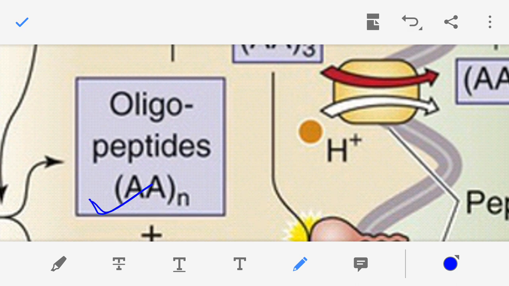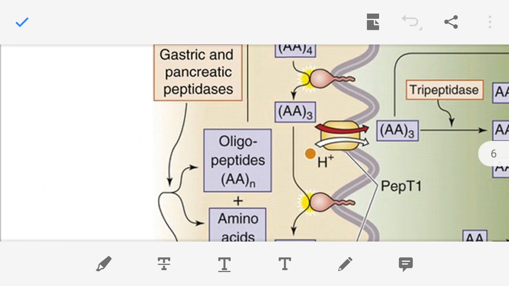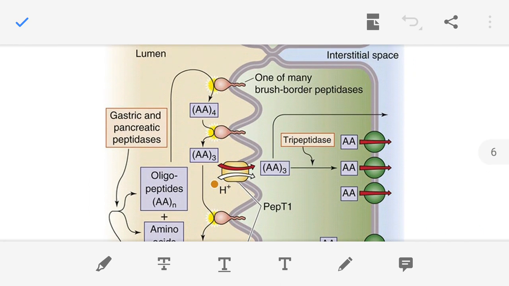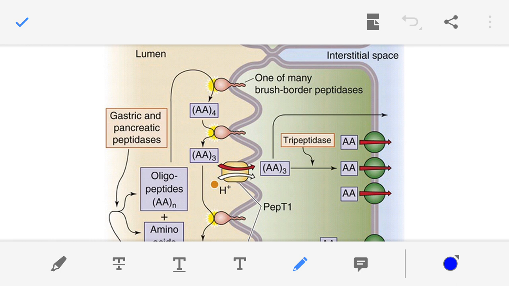AA means amino acid and n means many amino acids joined together mainly by the peptide bond. You know the structure of protein, so some other bonds are also present, but the main bonds are the peptide bonds. So many amino acids are joined together by various kinds of bonds. Now this oligopeptide, where is it going? Here you see this is the oligopeptide.